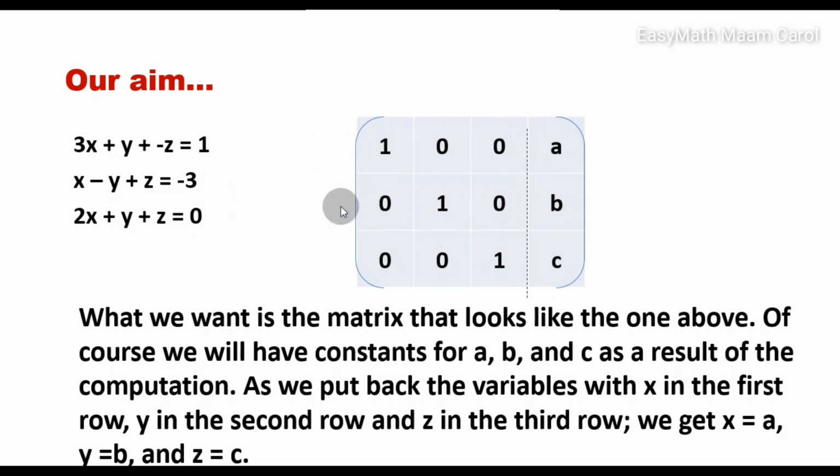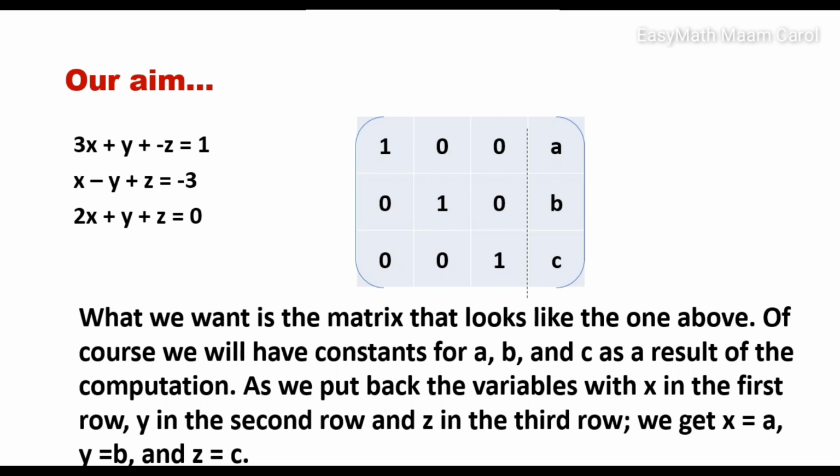So as we change the values dun sa left side ng matrix, unti-unti magkakaroon din ng pagbabago doon sa right side ng matrix. So what we want is the matrix that looks like the one above. Of course, we will have the constants for A, B, and C as a result of the computation.